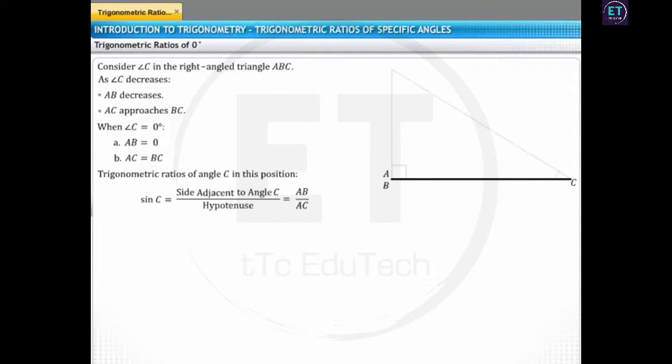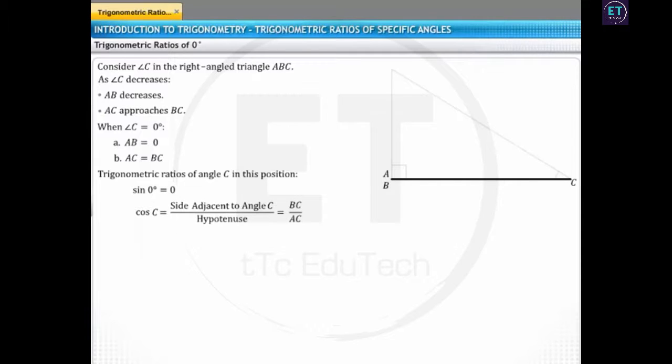We know that sin C is equal to the ratio between AB, the side opposite to angle C, and AC, the hypotenuse. We have seen that AB becomes 0 when angle C is equal to 0 degrees. 0 divided by any quantity is 0. Thus, we can say that sin 0 is equal to 0.